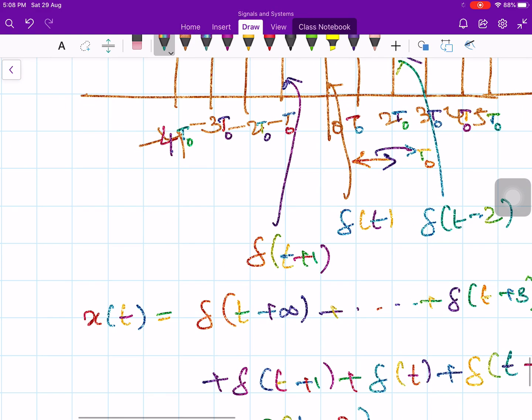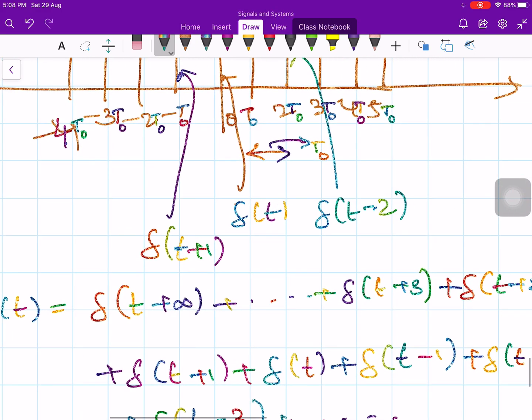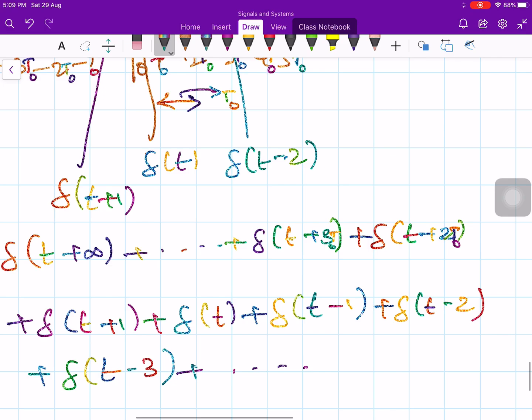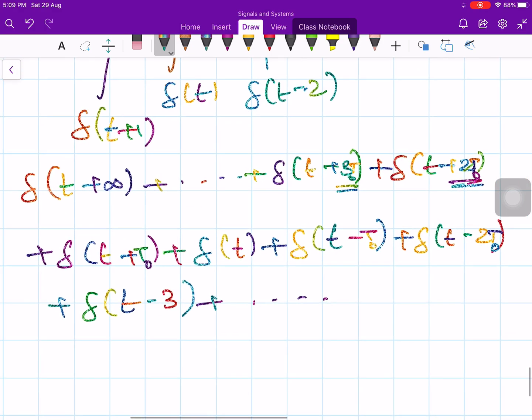Now this becomes minus 3 times t naught, minus 2 times t naught, plus 3 times t naught, plus 2 times t naught. Then this is t naught, del of t minus t naught, del of t minus 2 t naught, del of t minus 3 t naught, and so on and so forth, right.